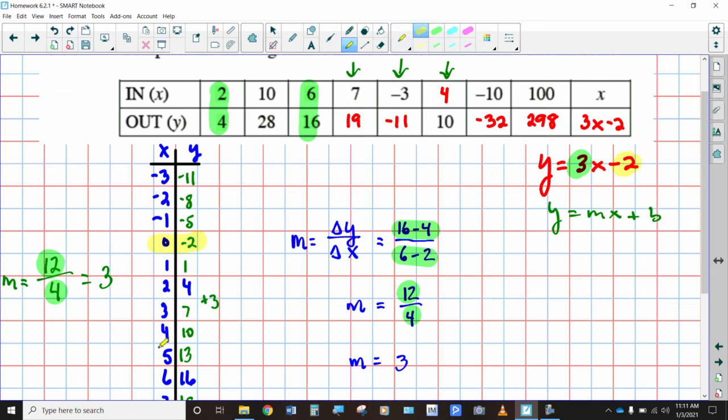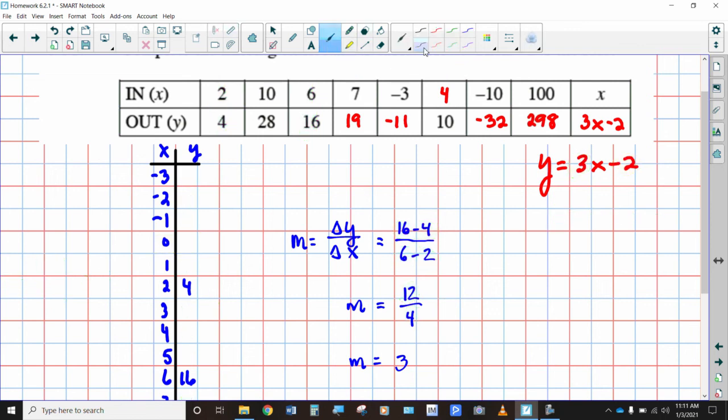But let's say we weren't using the table. How do we use this information here algebraically to figure that out? Well, we do this. We take our generic rule, y equals mx plus b. We know what our slope ratio is, or our growth rate, so we're going to plug that number in for m.